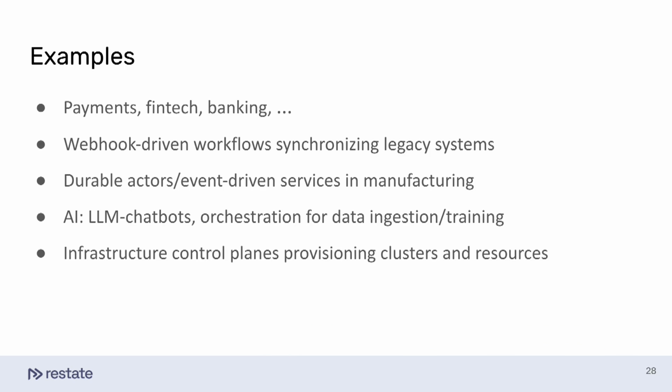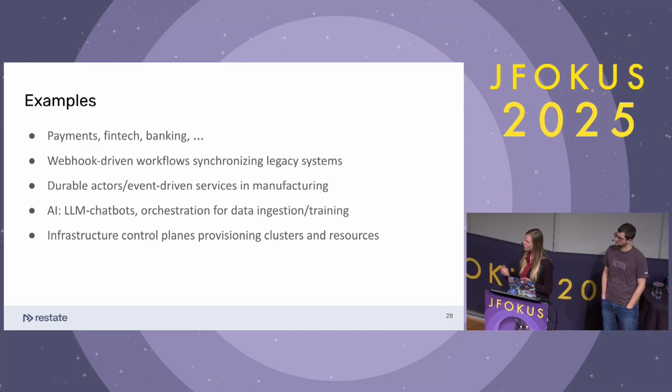So what kind of use cases are that? So the ones we showed today, of course, but you can imagine anything where you require correctness and consistency. So anything which involves money, like payments, fintech, banking, but also more complex synchronization between all sorts of systems that communicate in different ways. For example, webhook-driven workflows, or you get a Kafka event from somewhere and you then want to do an RPC, then an API call, like this kind of complex communication patterns.